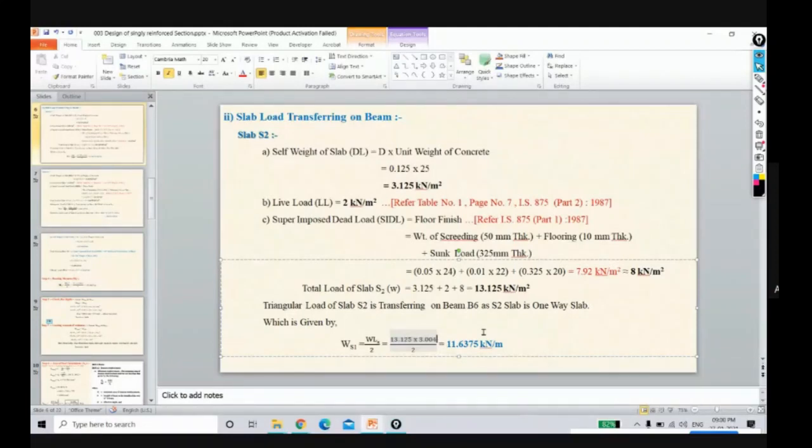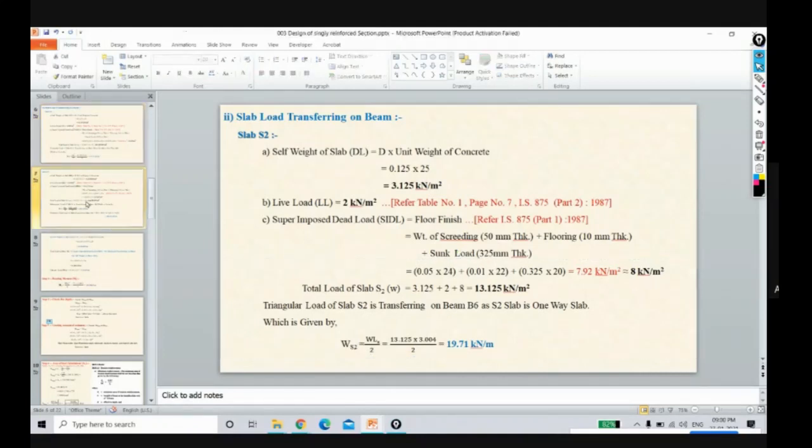So 13.125 into 3.004 divided by 2, it is 19.71 kilonewton per meter. Okay, that is this 19.71 load coming from S2 slab to beam.